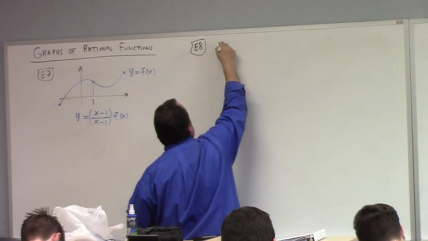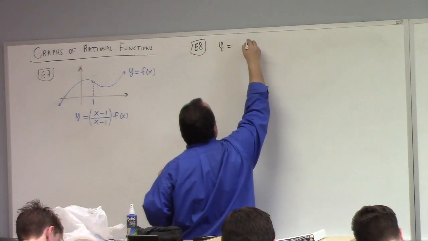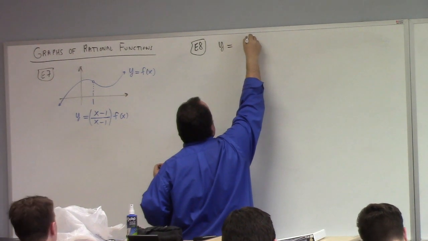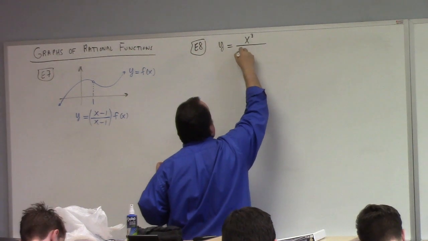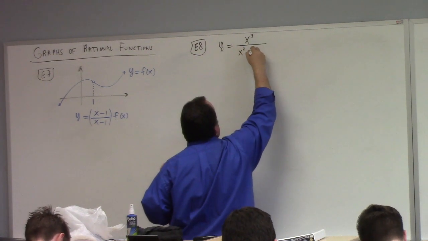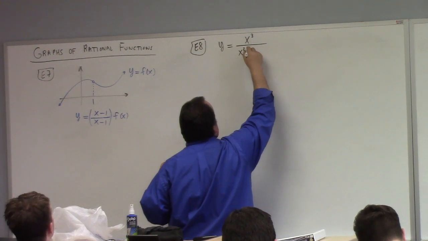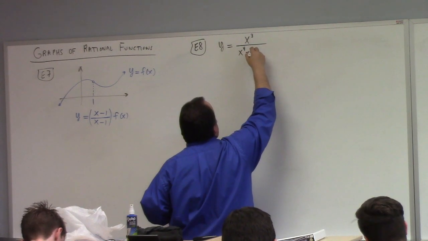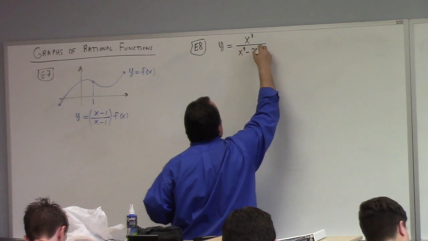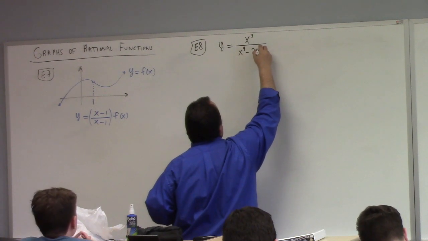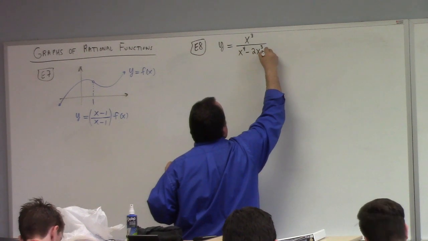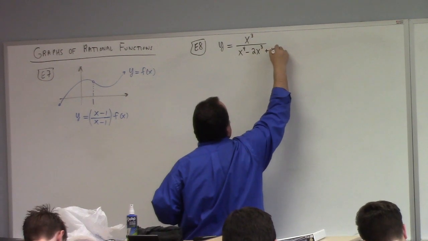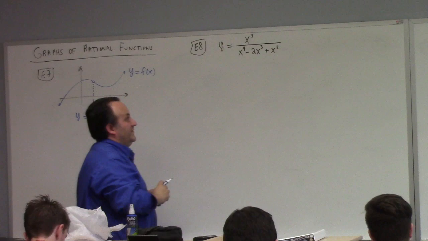How about this? y equals x to the third power divided by x to the fourth minus 2x to the third plus x squared. There, I got it. Graph this thing.